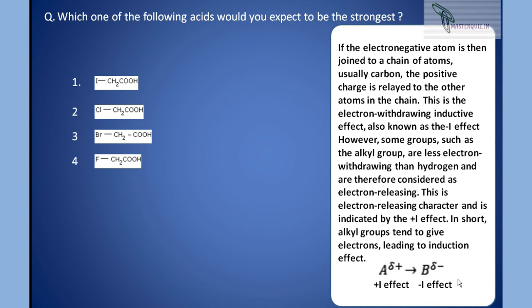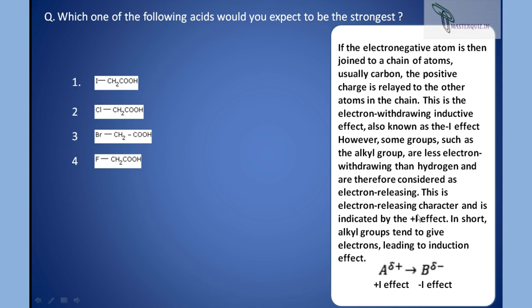That means if an electronegative atom is joined to a chain of atoms, usually carbon, the positive charge is relayed to the other atoms in the chain. This is the electron withdrawing inductive effect, also known as minus I effect, right? And some groups such as the alkyl groups are less electron withdrawing than hydrogen and they are therefore considered as electron releasing.